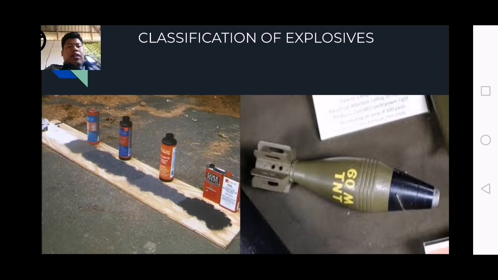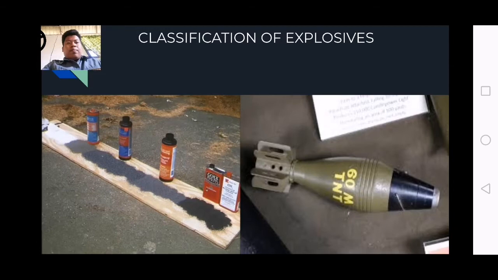So meron tayong tinatawag na low explosives and the high explosives. So sa low explosives, makikita natin example sa left side ng ating screen. It's a mixture of chemicals that burn very rapidly but subsonically as opposed to supersonically, meaning that they deflagrate.